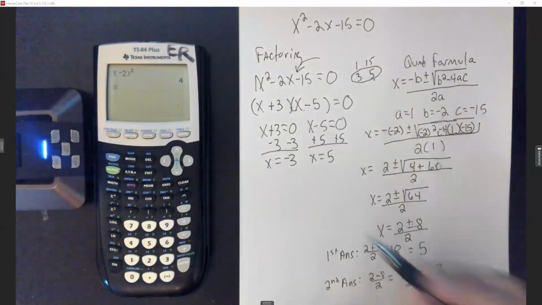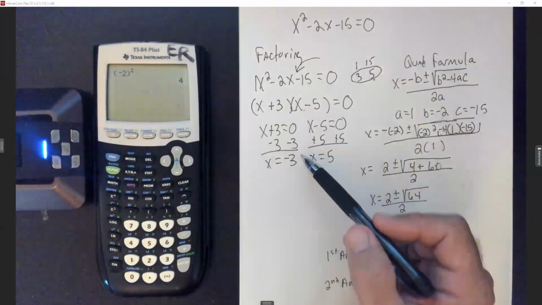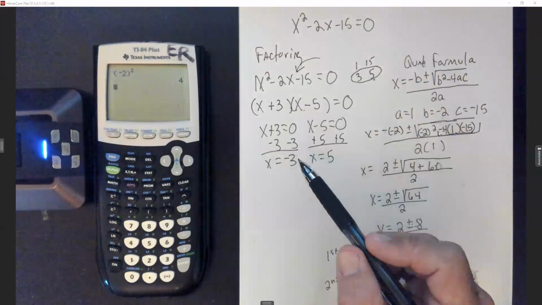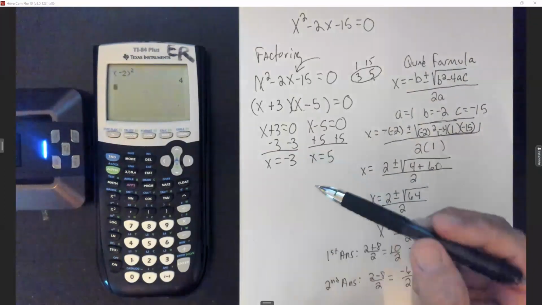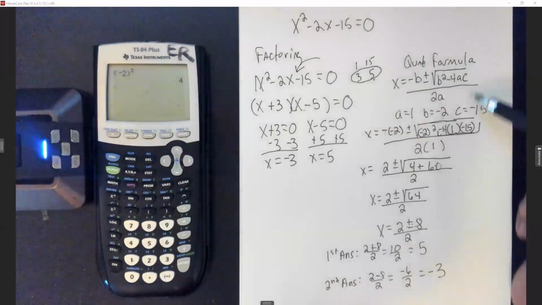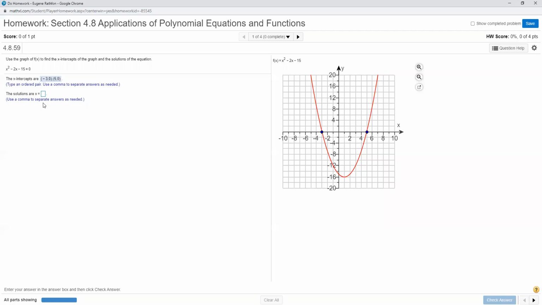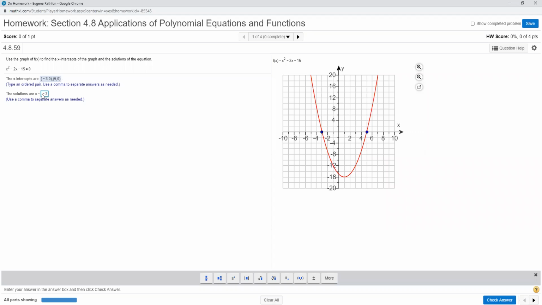So factoring, if it will factor, is usually quicker, but we're not guaranteed that we can factor all of these quadratics. So this quadratic formula will solve every one of them. All right, so let's go back to our screen with that problem. So what I got was a -3, 5.